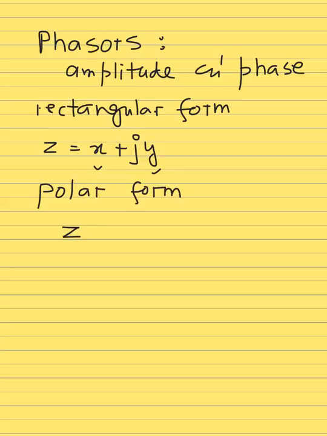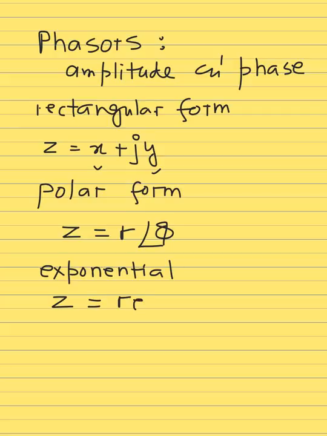In polar form, z, the phasor, is given by r, the amplitude, and an angle phi. And the third form is the exponential form, which we don't use very frequently. Commonly used forms, especially for this course, are polar and rectangular forms. In exponential form, z equals r e to the j phi.